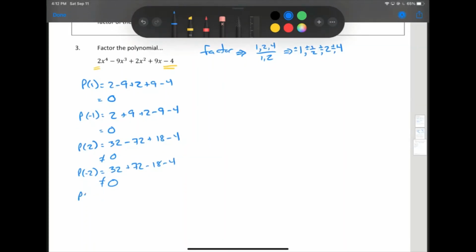So let's try it at 4. And that gives us 2 times 4 to the power of 4. Ooh, this big number. Is that 256?